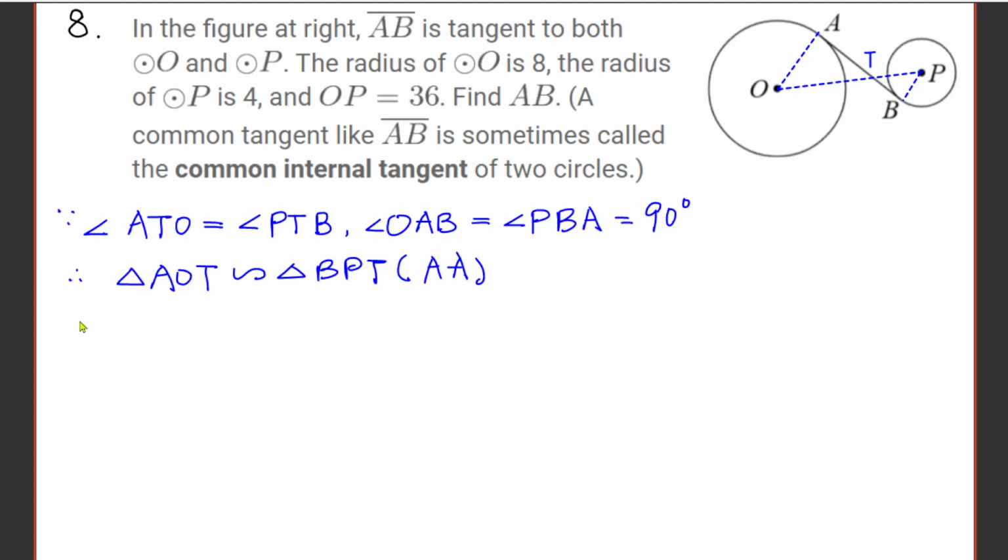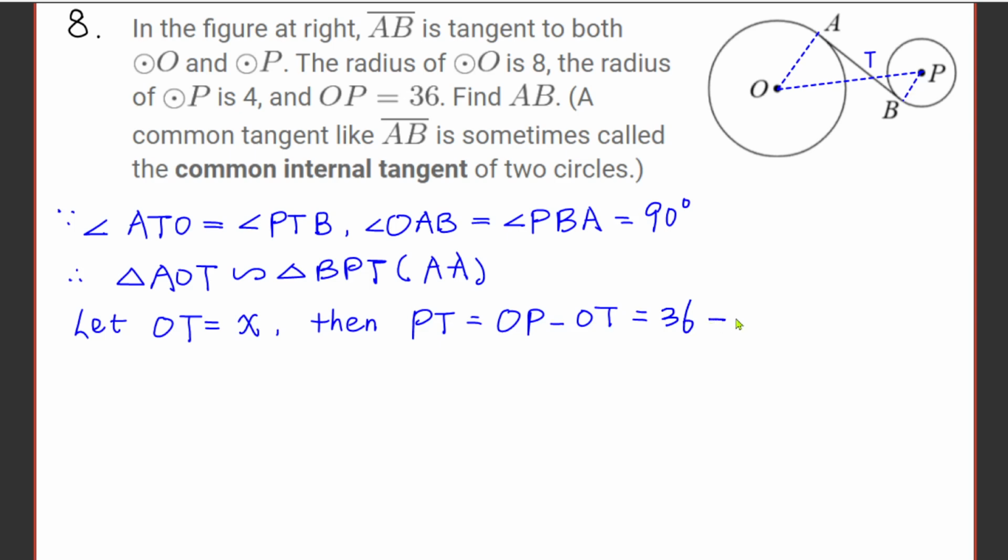So we could let OT equal X. Then PT equals OP minus OT, which is 36 minus X, right? So from our similarity, we have OT over OA equals PT over PB.